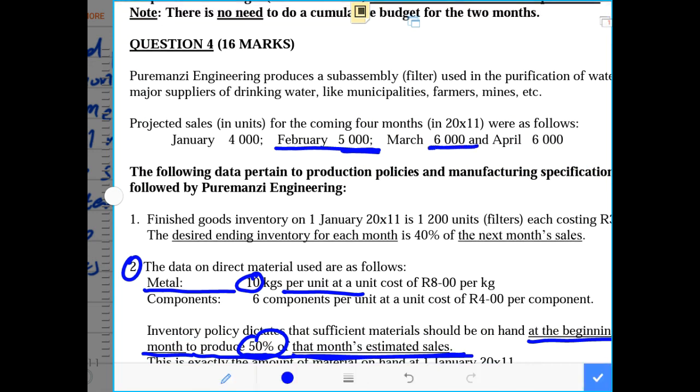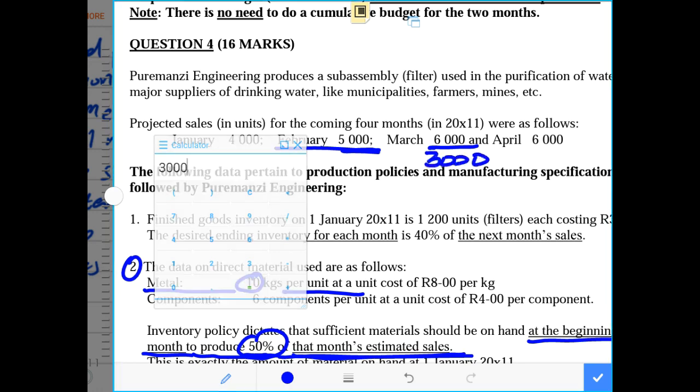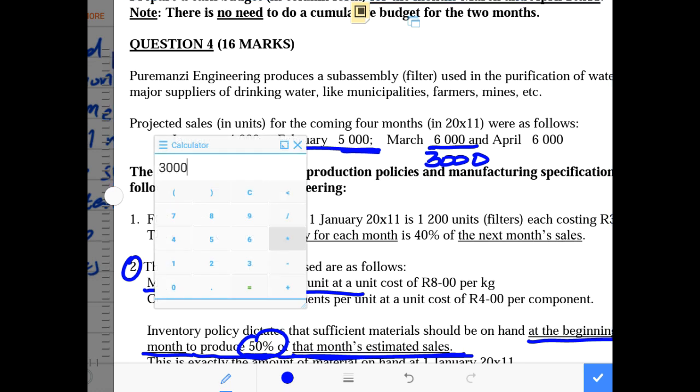So now we say 6,000, we multiply that by 50%. 6,000 times 50% will give us 50% of these units, which is 3,000. But we need to know how many kgs of the metal material are needed to manufacture the 50% of the estimated sales. Therefore, now we multiply by the number of kgs of metal that are needed per unit.